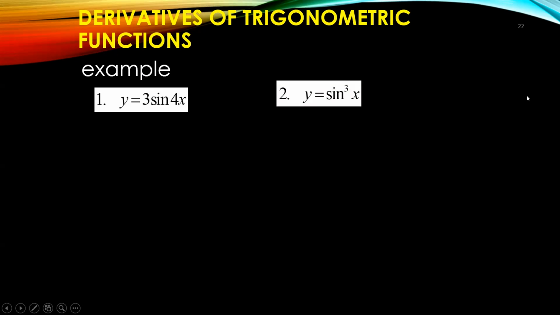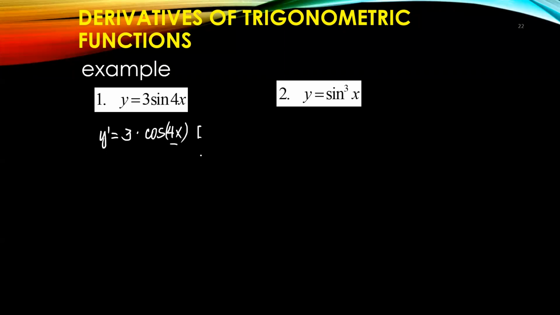Okay, the first, do you need the 3? Do I need the 3 here? Can I move it out? Yes, this constant multiplier. Now, what's the derivative of sine of 4x? The derivative of sine is cosine of 4x. What's the derivative of 4x, guys?